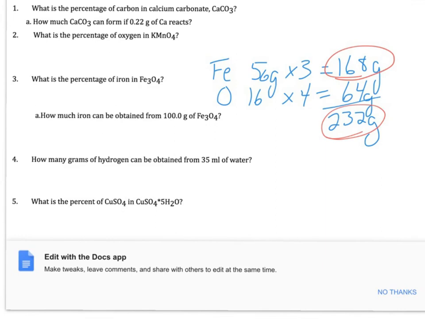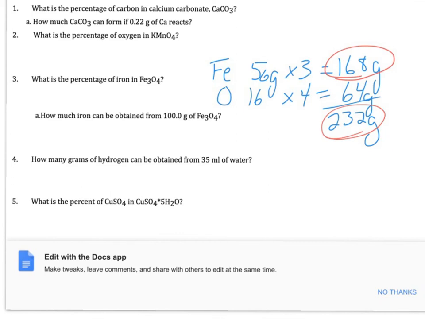If you divide 168 by 232, you get an answer of 0.724, multiplied by 100, and the percent iron in Fe3O4 is 72.4%. Now it asks how much iron can be obtained from 100 grams of Fe3O4.